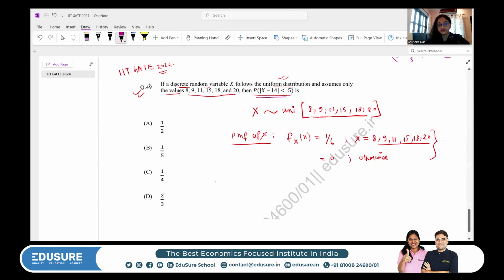This expression is probability mod x minus 14 is less than 5. So you can write it in this way, minus 5 less than x minus 14 less than 5, from the property of mod, right? Now you can add 14 to all the sides.